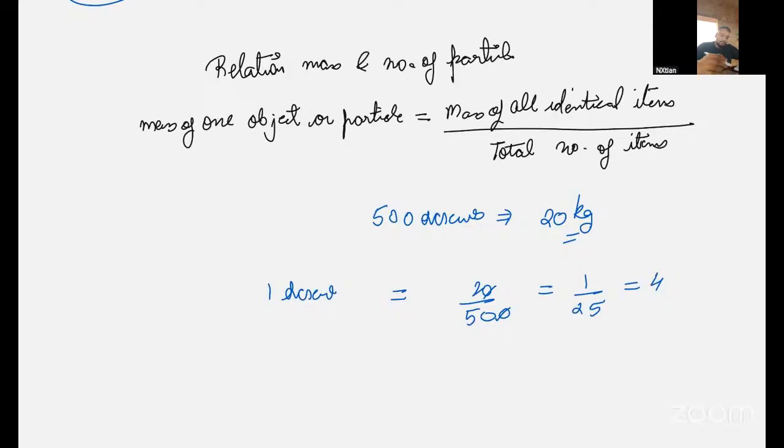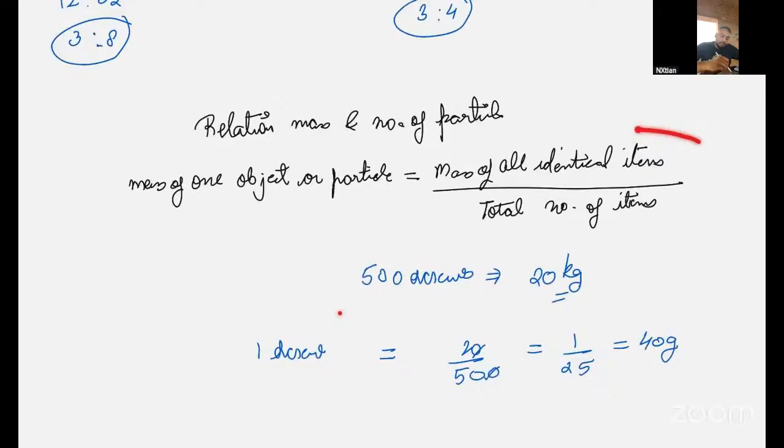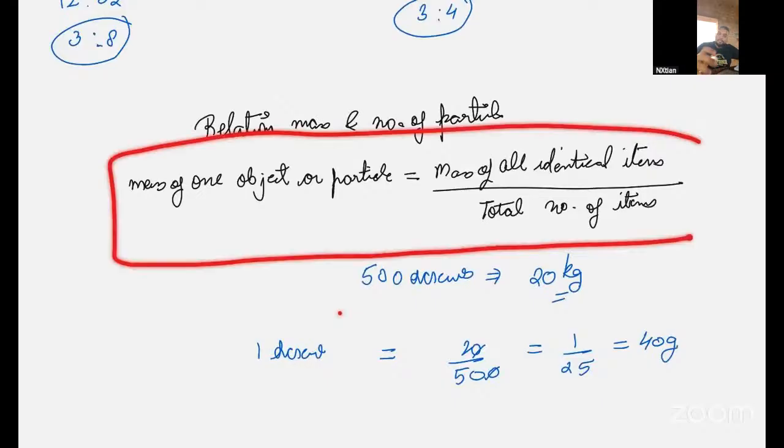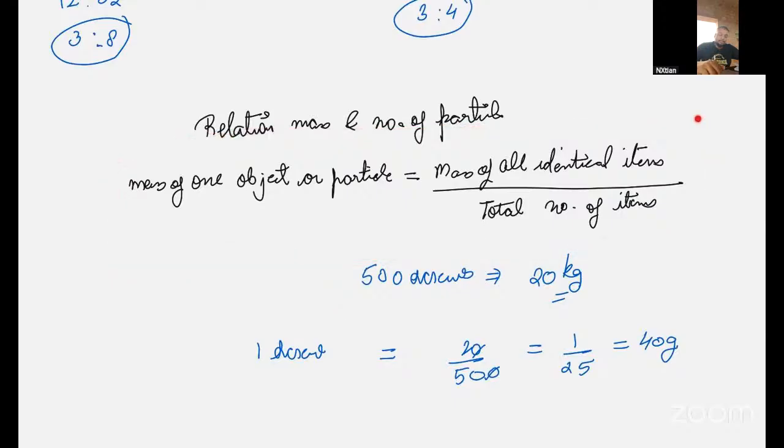Which is very heavy. Did you understand? So this is the relationship. You have to remember this formula: mass of one object or particle is the mass of all the identical items upon the total number of items.